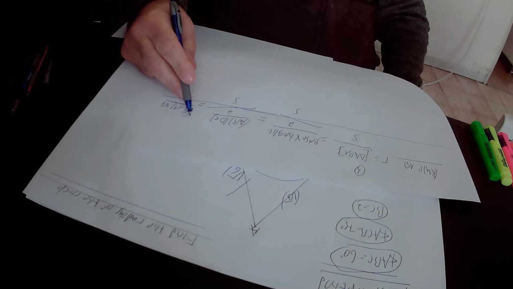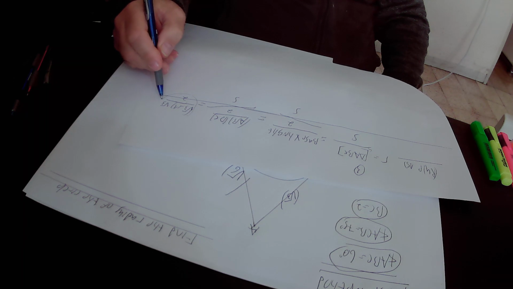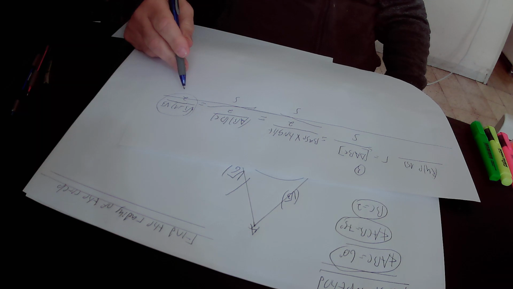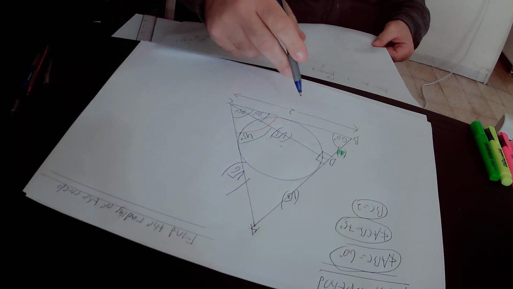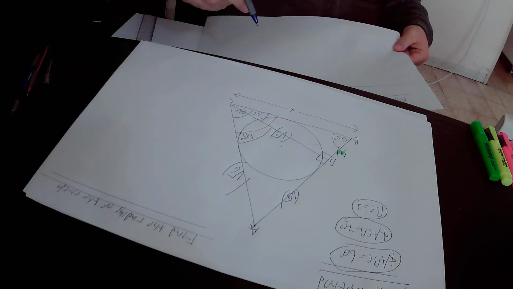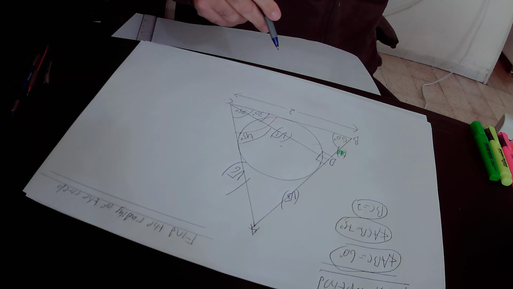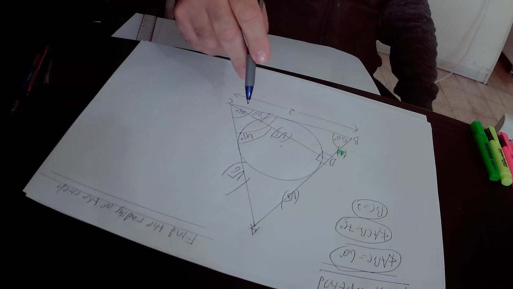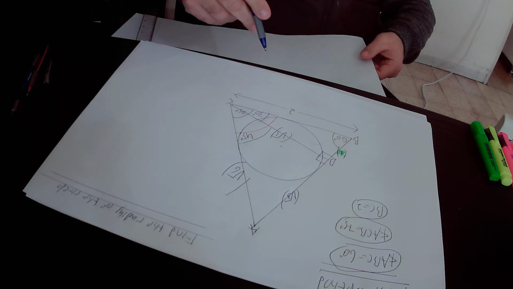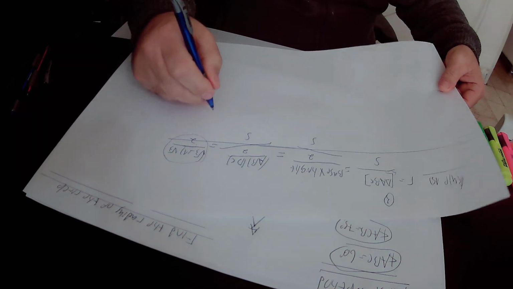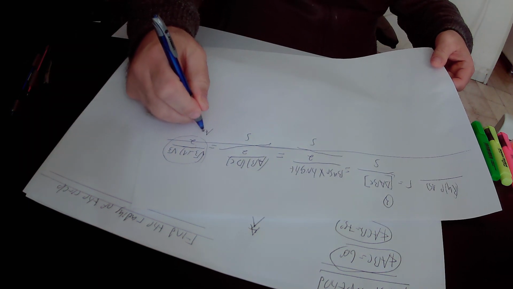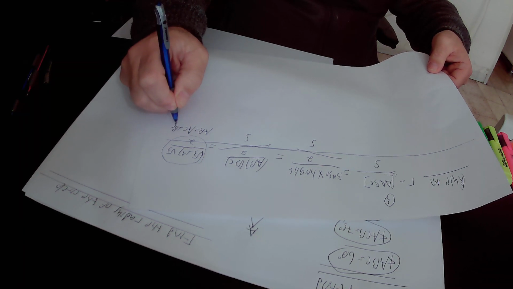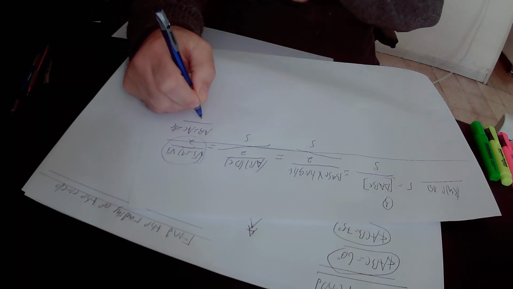So this expression is the area of triangle ABC, and we have to divide it by S, the semi-perimeter of the same triangle. The semi-perimeter of any triangle is the perimeter over 2, and the perimeter of triangle ABC is AB plus AC plus BC. If you divide the perimeter by 2, we get the semi-perimeter S.